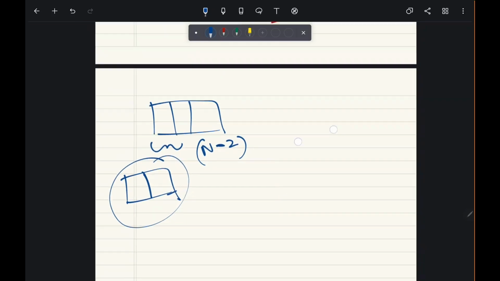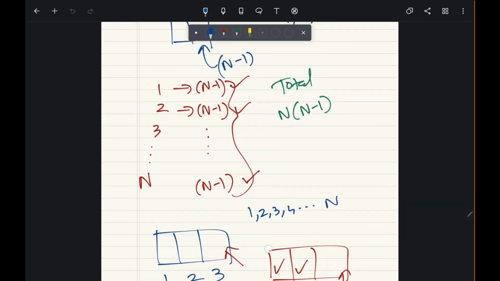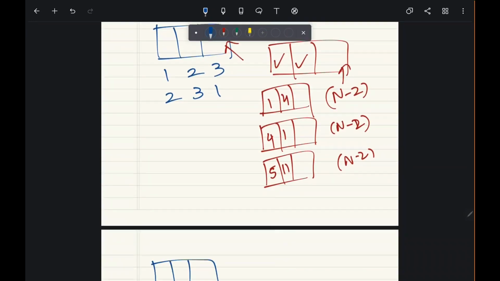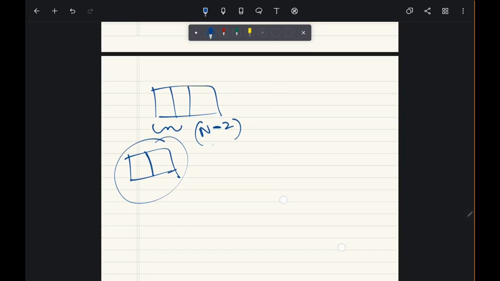It is not obvious here, but we actually calculated that here. So if we had 2 boxes, we had a total of n times n minus 1 possibilities. So we have n minus 2, and this is for n times n minus 1 possibilities for the first two boxes, right?